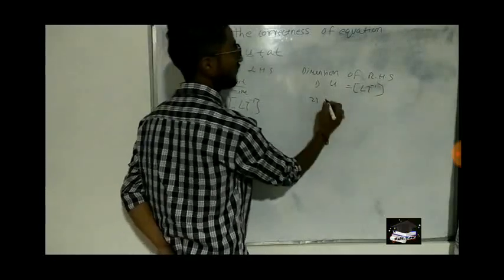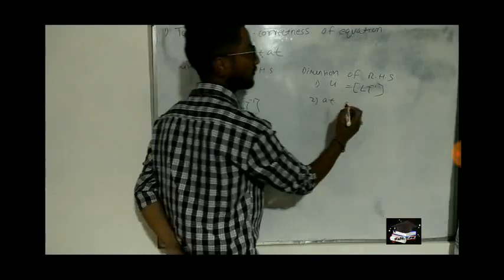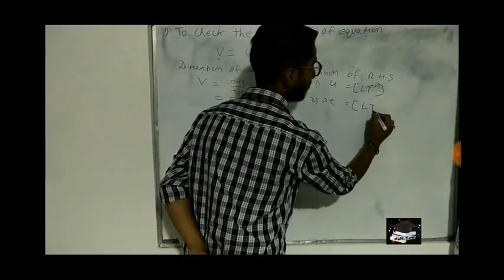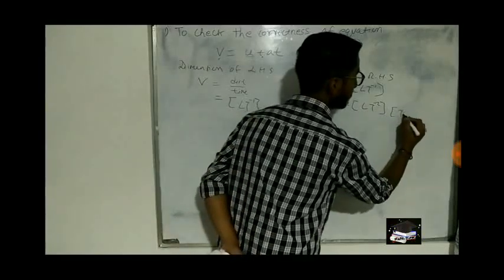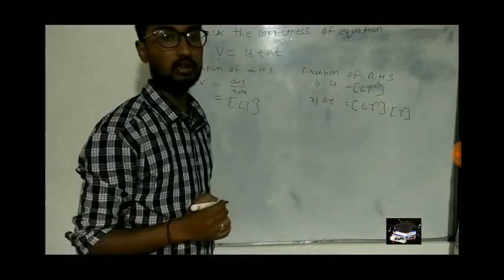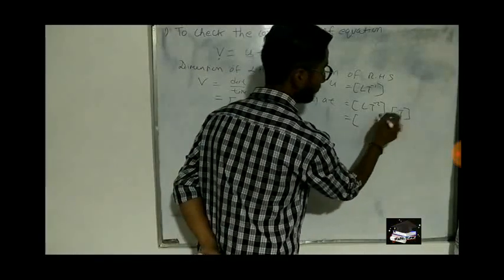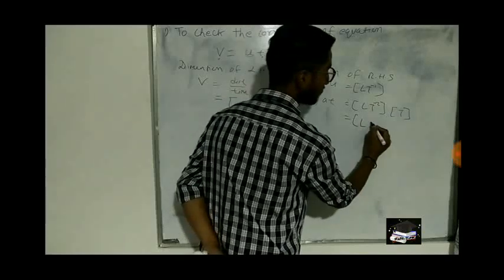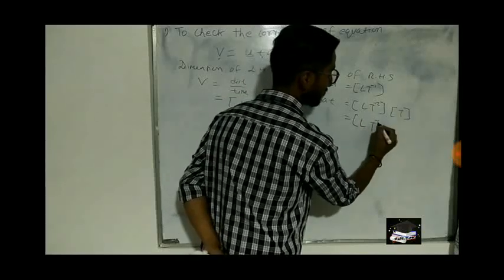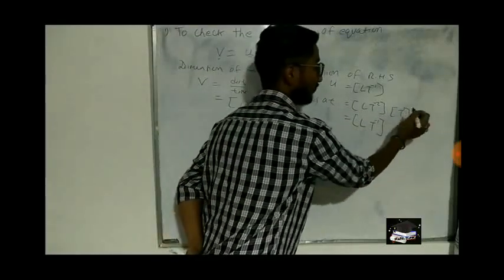Number 2, what do we have? At. A means acceleration, t means time. This is the dimension of acceleration. This is the dimension of time. So L, minus 2 plus 1, is minus 1.